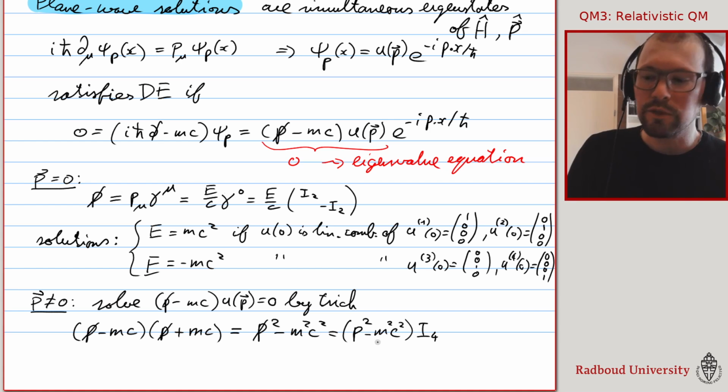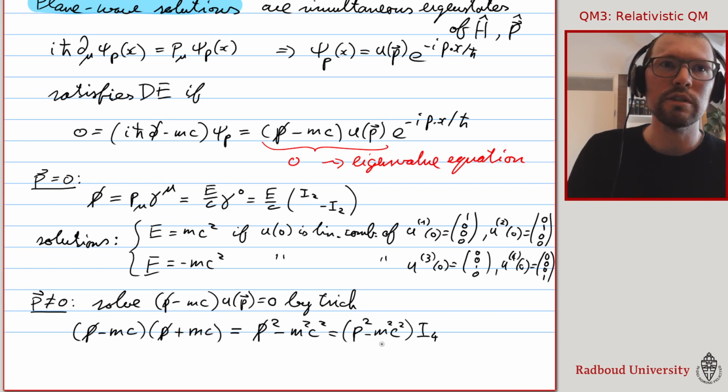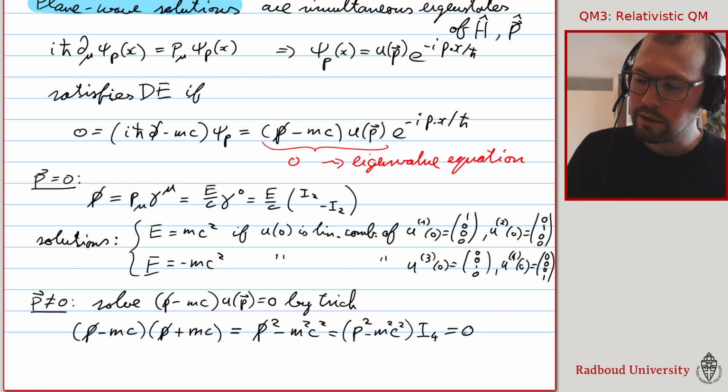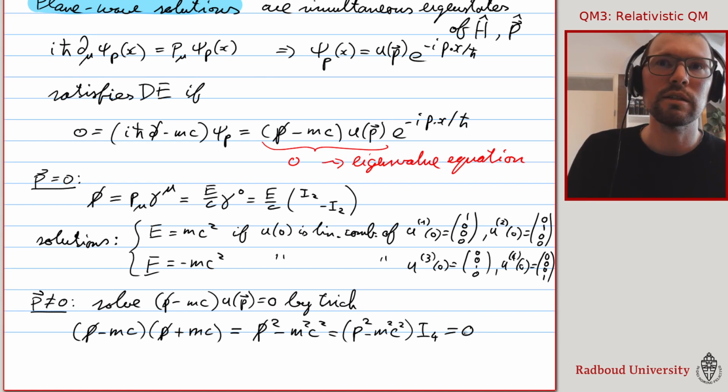So if your four-momentum satisfies the correct dispersion relation, as we're assuming, then this matrix vanishes identically.